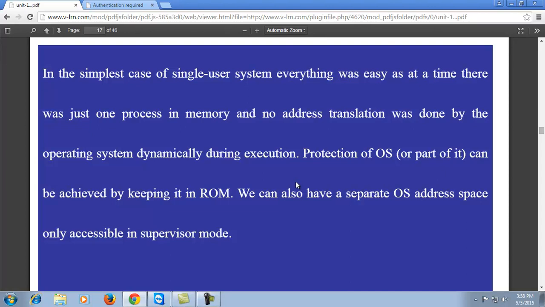This is the situation when there is a single task inside the system for execution, which is allocated by the operating system. Protection of the operating system or part of it can be achieved by keeping it in ROM. We can also have a separate operating system address space only accessible in supervisor mode.